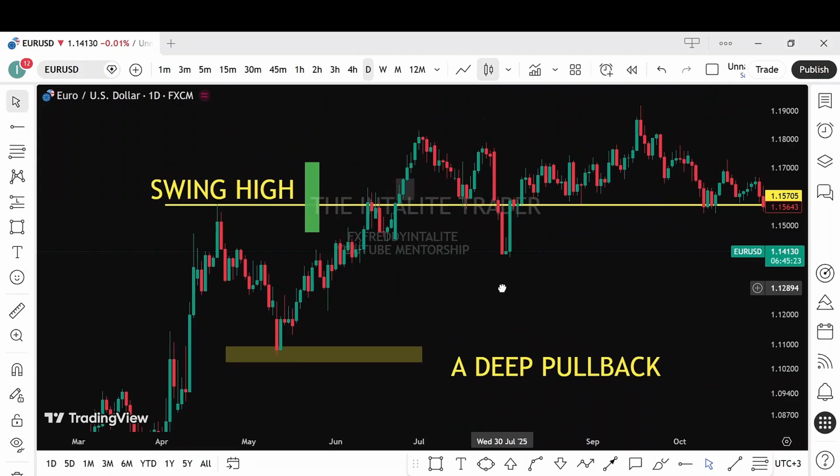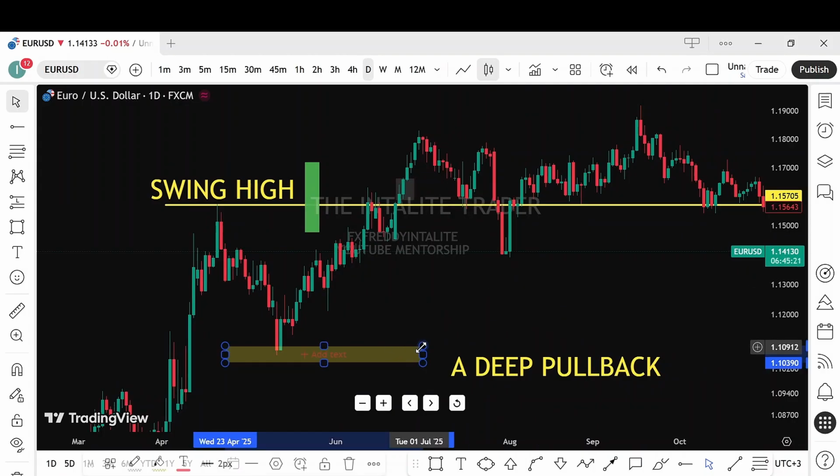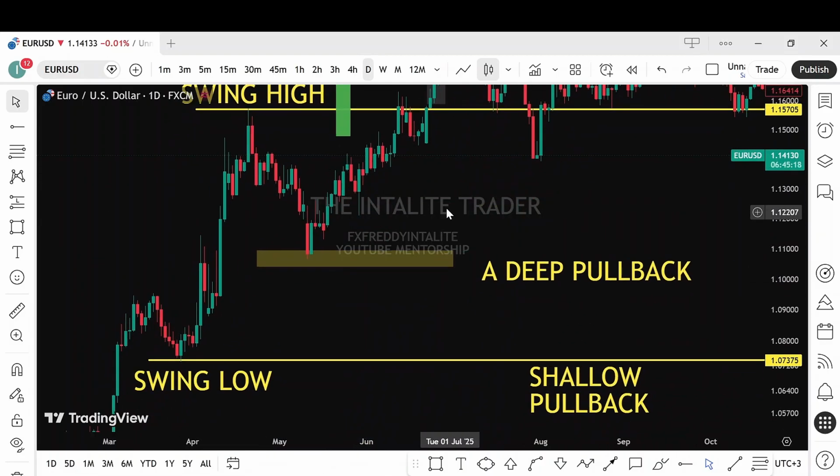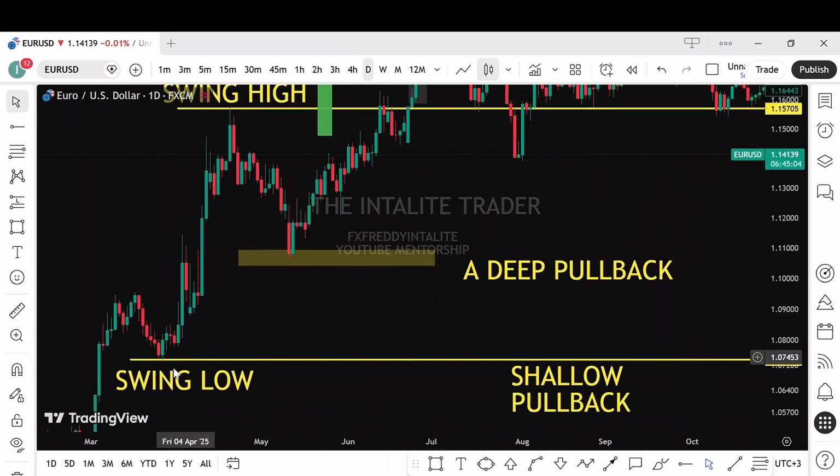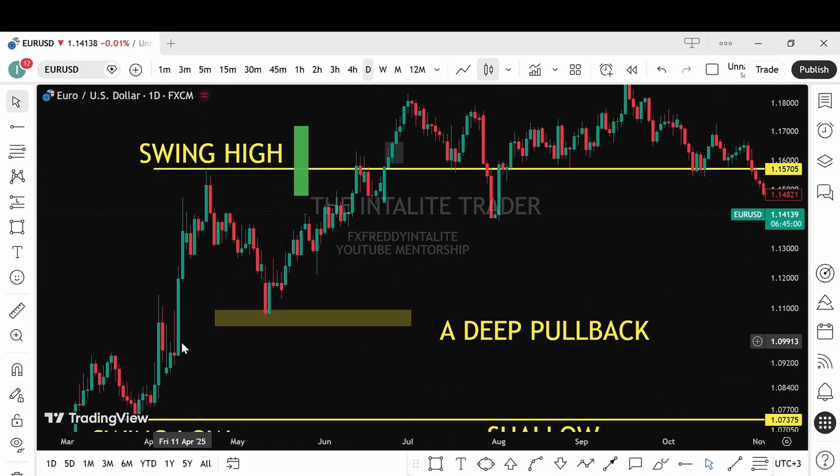Are you getting me? According to market structure, if this is our last swing high, the market can do anything in between here. It can give you double tops, it can give you left head and right shoulder. But as long as we don't break below here, we are still bullish.